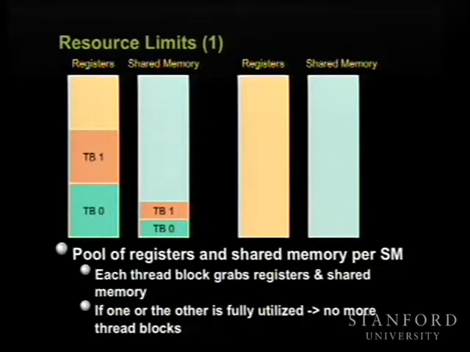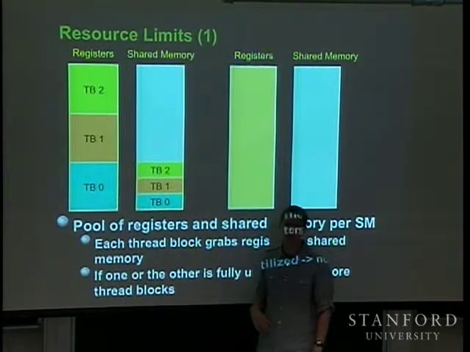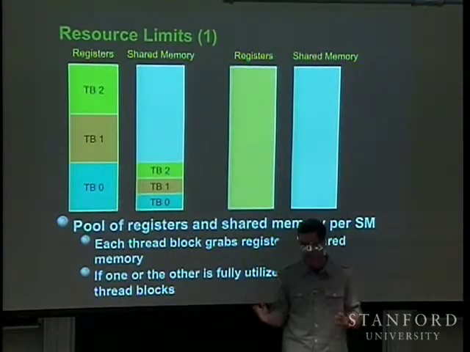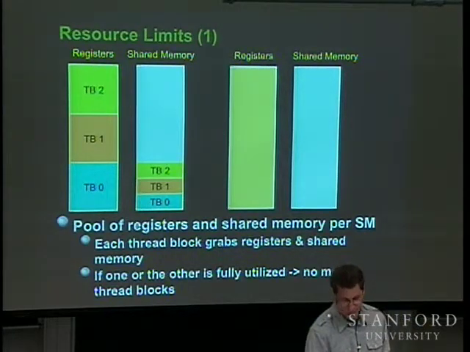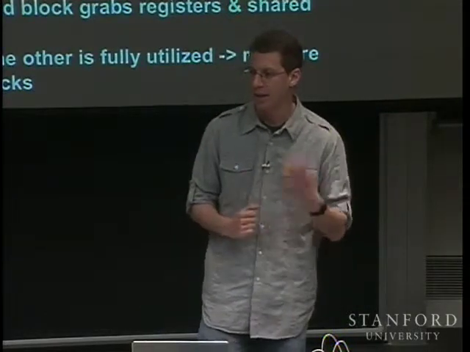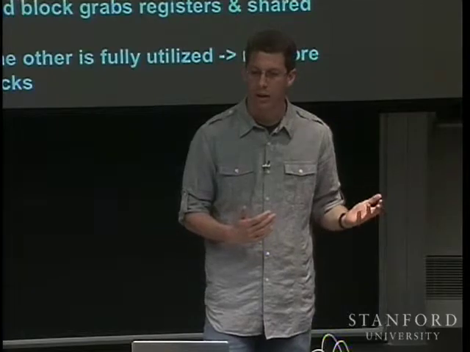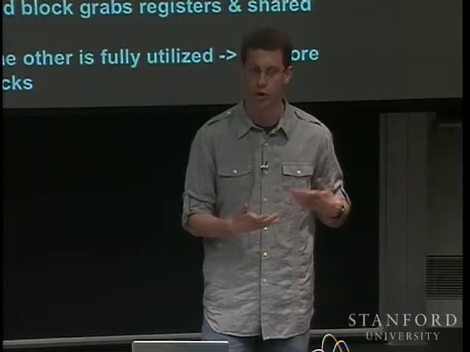The next one comes in, same kernel, same requirements, and this one is fine too. Then the last one comes in, and in this case you're using all the registers that you have, but only a relatively small fraction of shared memory. That's fine, but what's limiting you in this case is the number of registers. If you had 3 times as many registers, you could run more thread blocks and have a higher likelihood of maintaining peak performance, because you can have a bigger pool of work among which to choose at any given point in time.